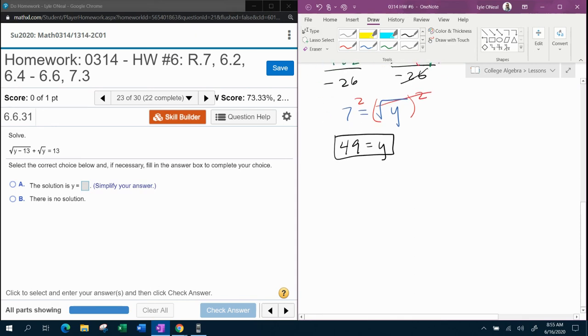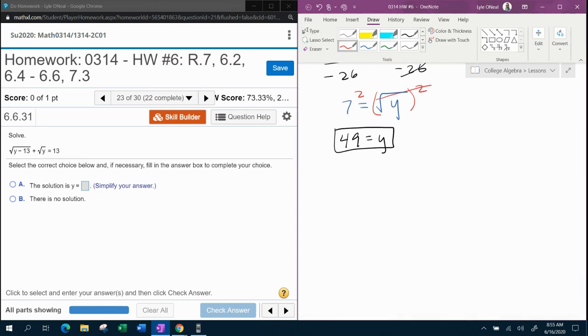And we probably should check that. So let's show the checking step. To check it, we're going to plug back into the original problem, which is square root of y minus 13. So instead of y, that's going to be 49 minus 13 plus square root of y, which is 49, equals 13.